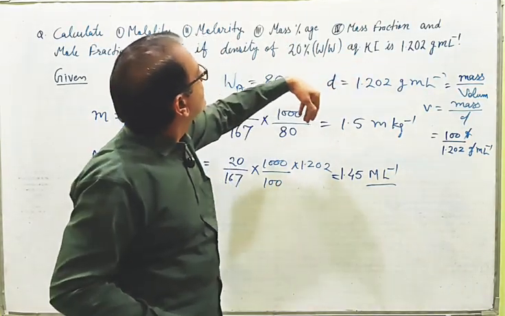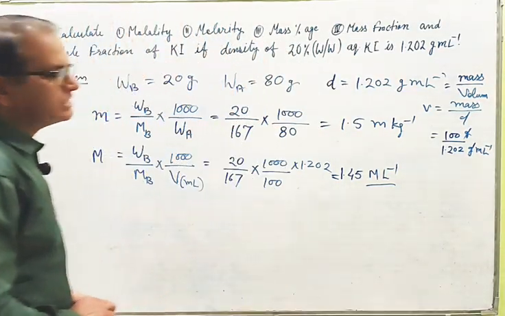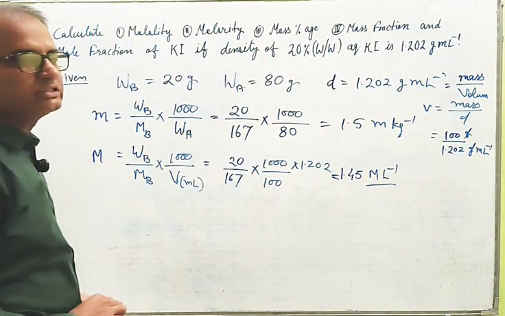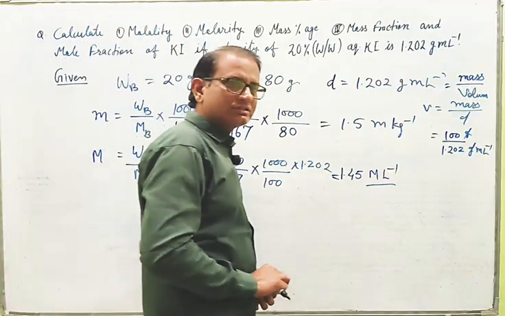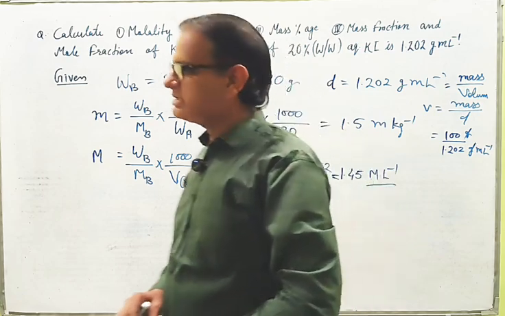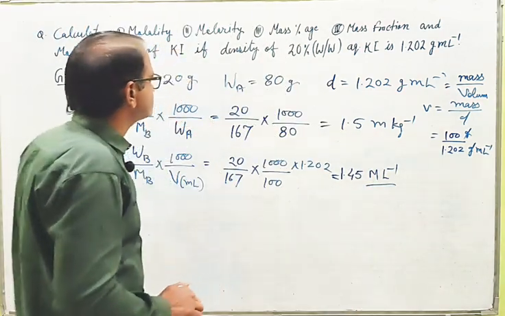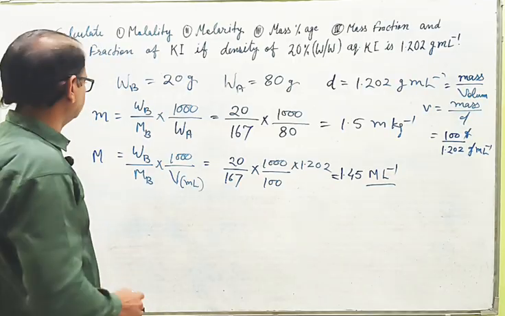Next one is mass fraction. Mass fraction means the mass of solute by the mass of solution. So mass of KI upon mass of solution is 20 by 100.